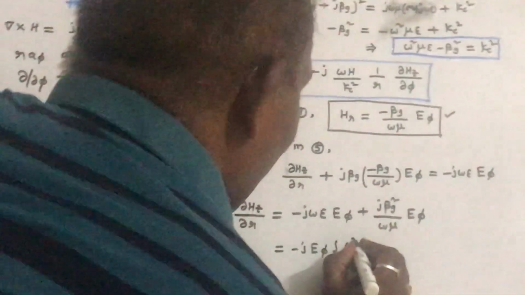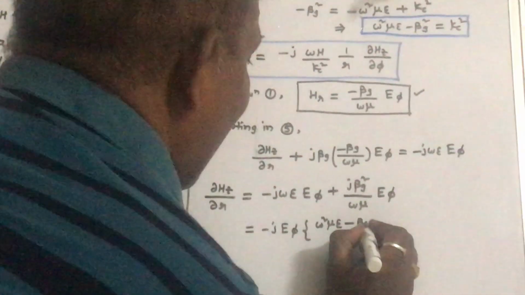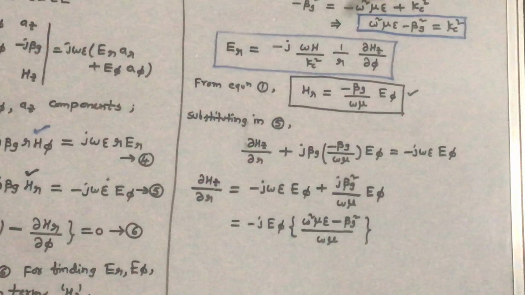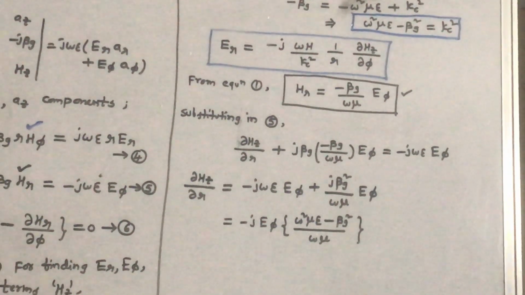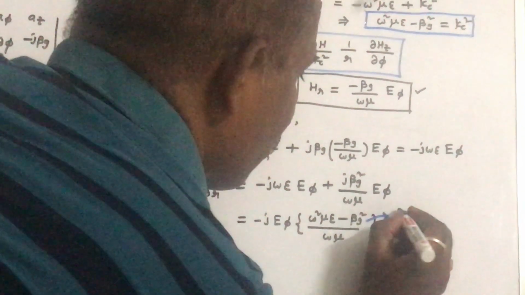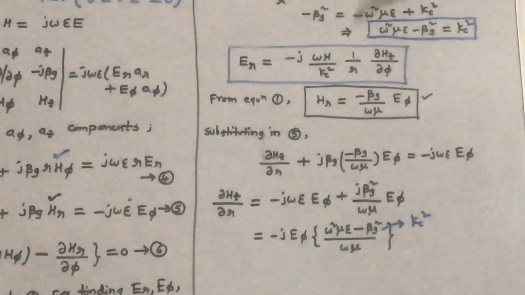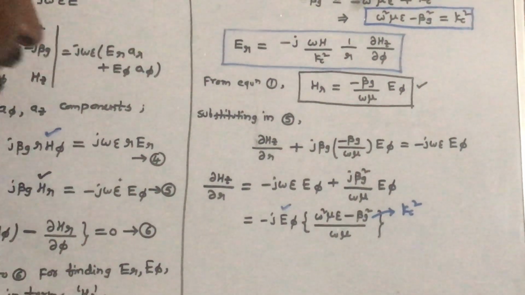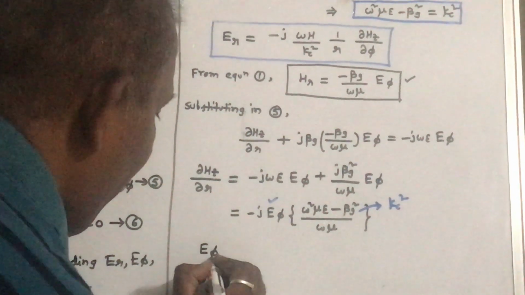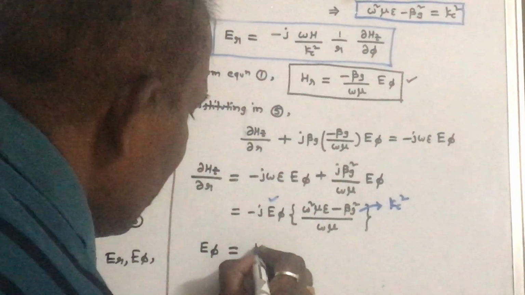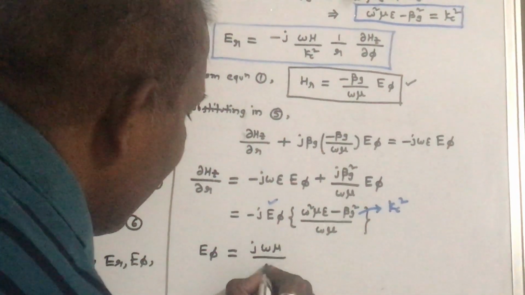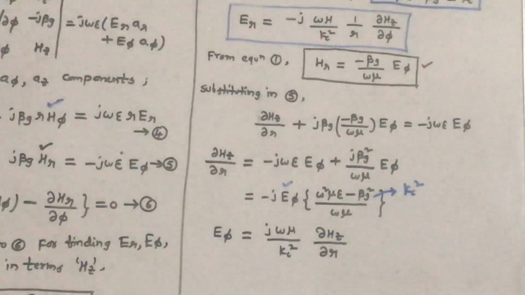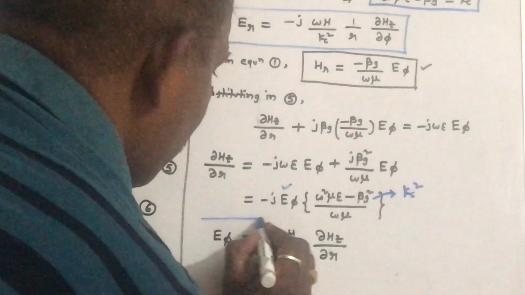If you take the LCM, it will come out as omega square mu epsilon minus beta g square by omega mu. As we have written that omega square mu epsilon minus beta g square is equal to Kc square, you can find the expression for E phi by taking this entire term to the left side. So therefore E phi is written as j omega mu by Kc square into dou Hz by dou R. Say this is another equation.